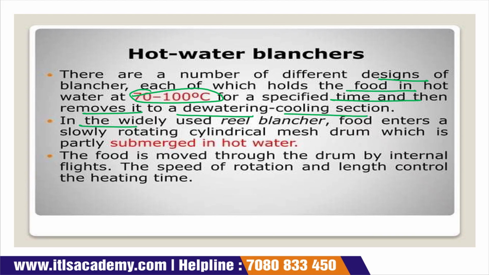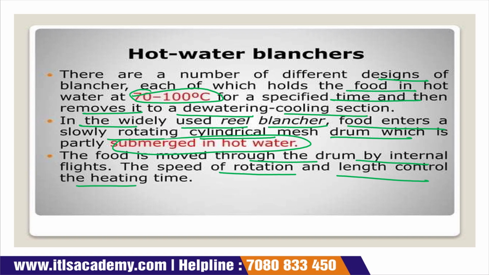In the widely used reel blancher, food enters a slowly rotating cylindrical mesh drum which is partially submerged in the hot water. The food is moved through the drum by an internal flight, and the speed of rotation and the length control the heating time.